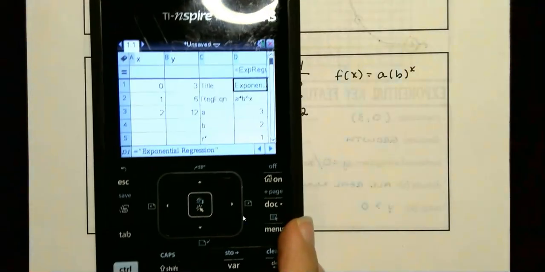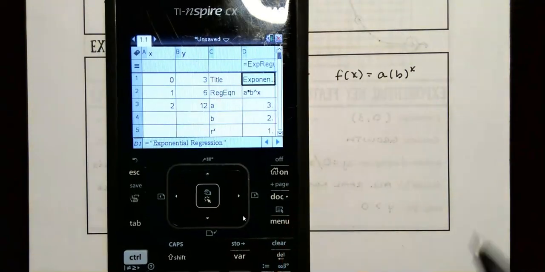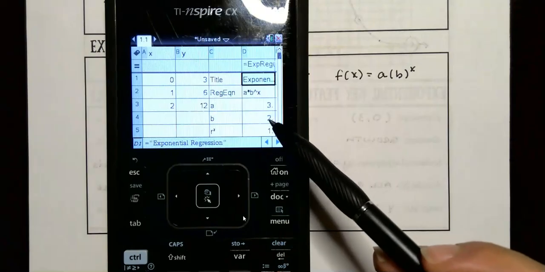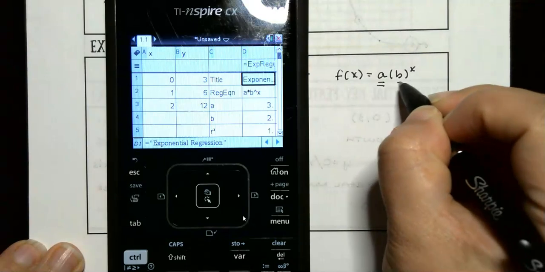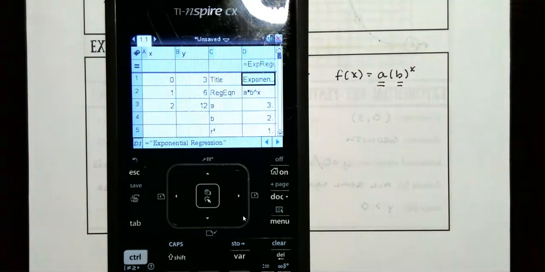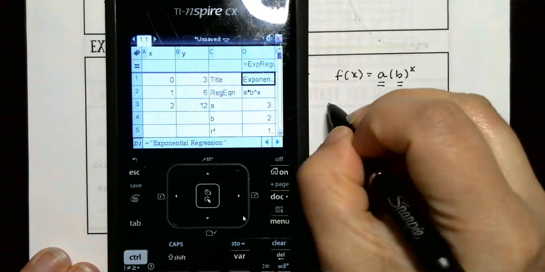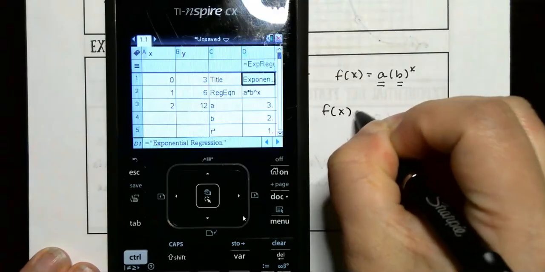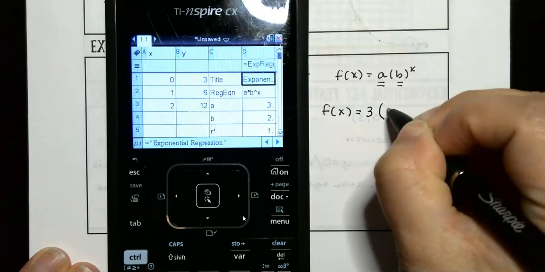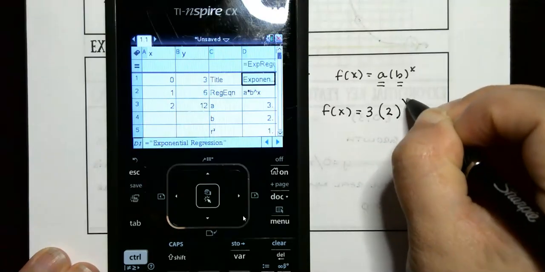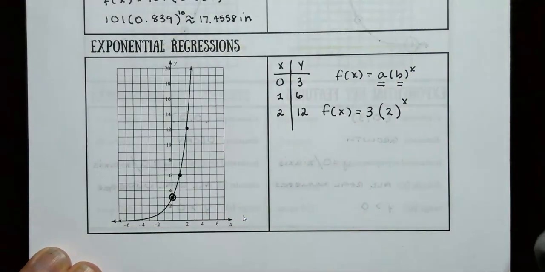Now the next thing that my calculator also tells me is what my a value is and what my b value is. So that means I can replace this a and this b with the numbers in the regression. So we have 3, and then in parentheses 2 raised to the x power.